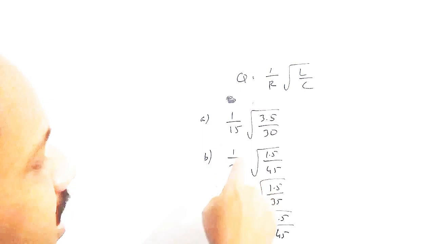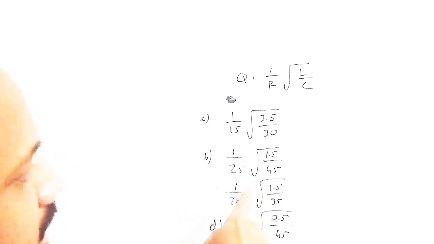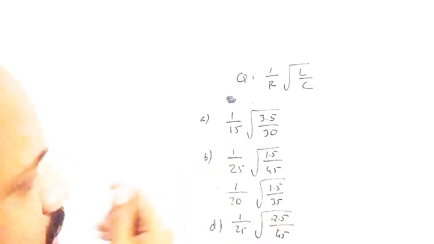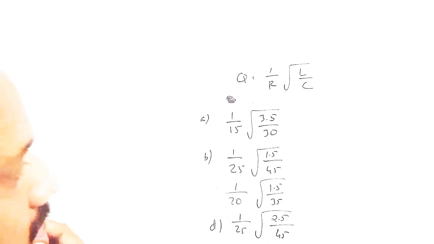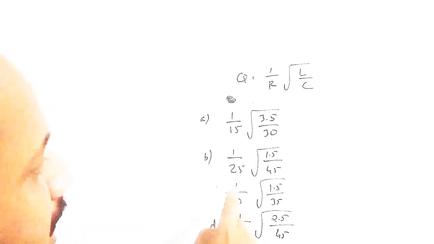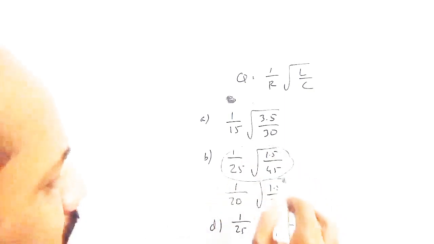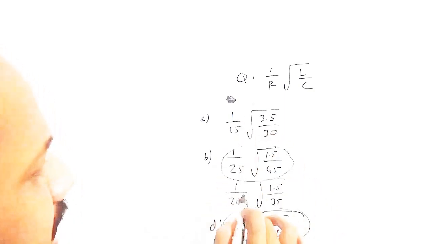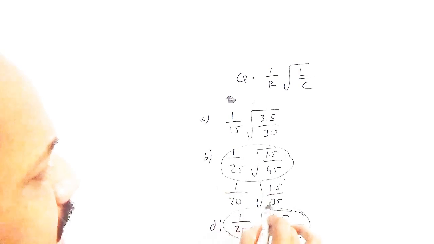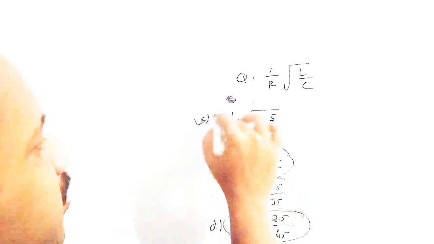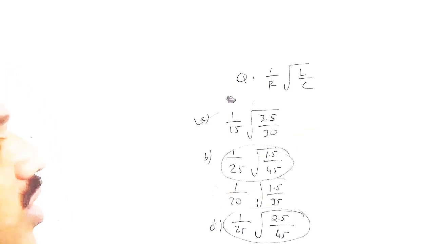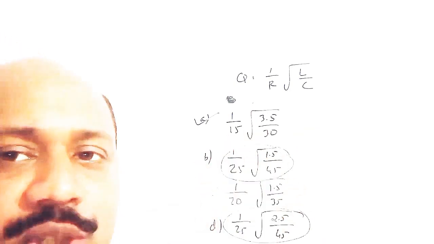Now the denominator is less, that is 15 and 20. Denominator less and numerator more, right? In this case, 1 by 20, this denominator is more, right? In all these cases, the denominator is more. This is also more. On comparing these two things, here it is 35, here it is 20, therefore the better option is 1. Yes. Look, the value is greater for this one, the choice is A.